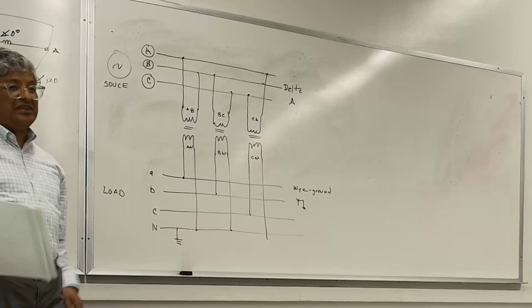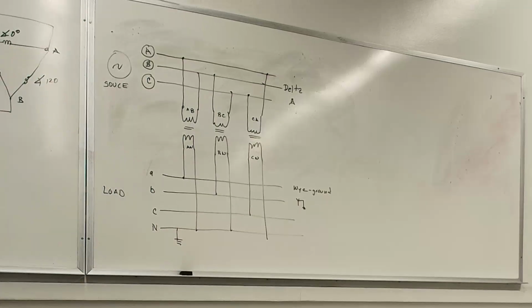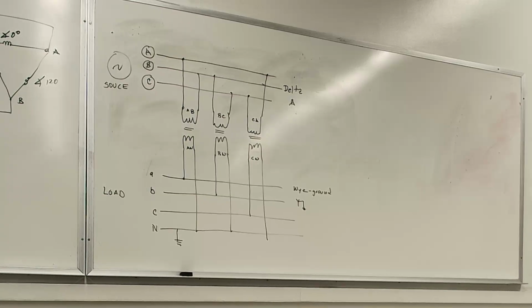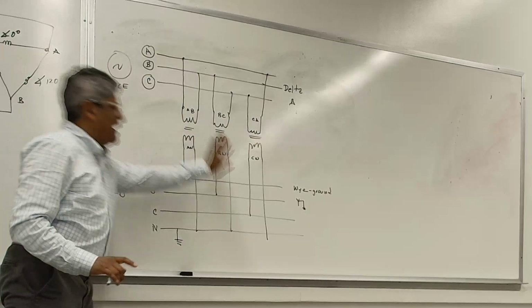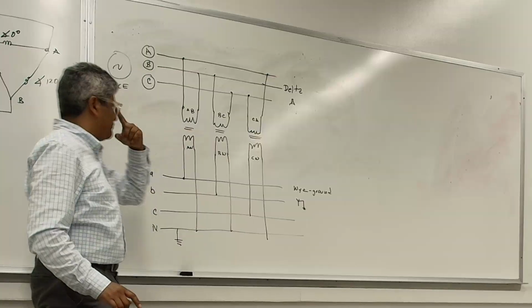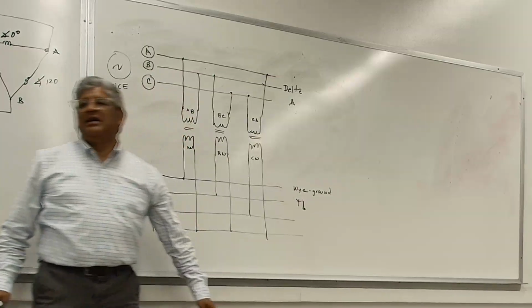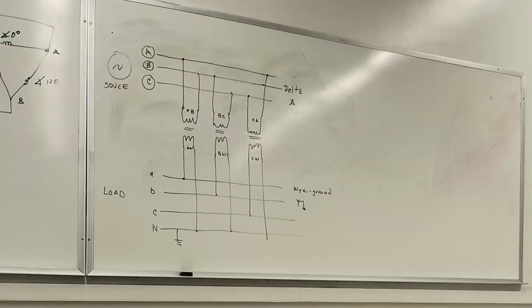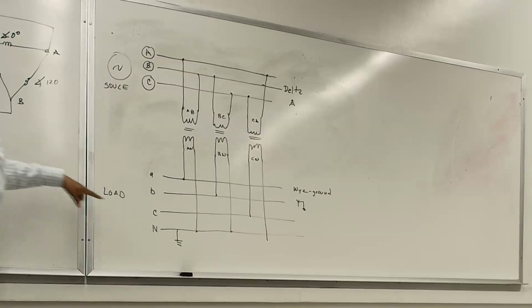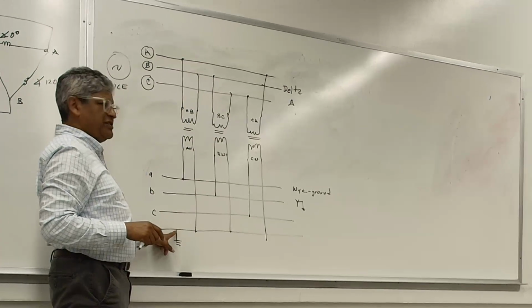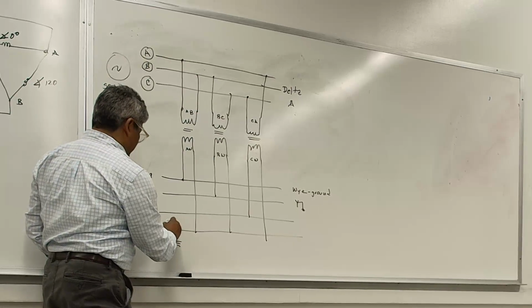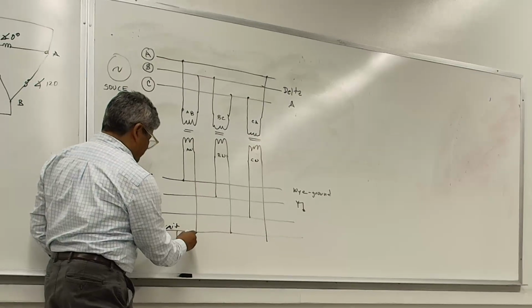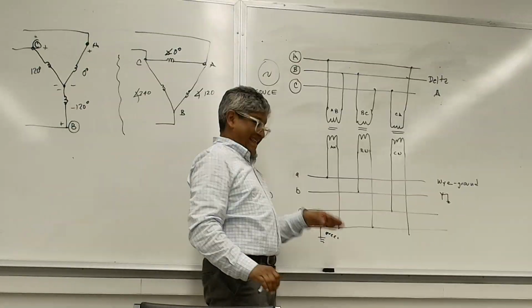I'm not going to get into the details of this, okay? But I just want you to remember, if you're ever asked, or if you ever have to deal with this kind of connection, especially on this side of the transformer, where you're going to feed your loads from a wye grounded system, the only place where you can make the connection between the white wire, which is the neutral, and the green wire, which is the ground, is here.